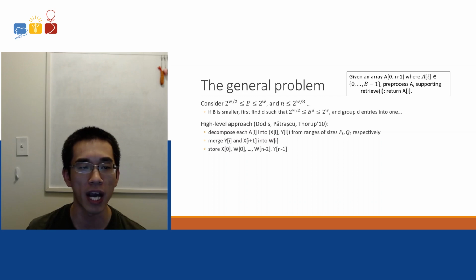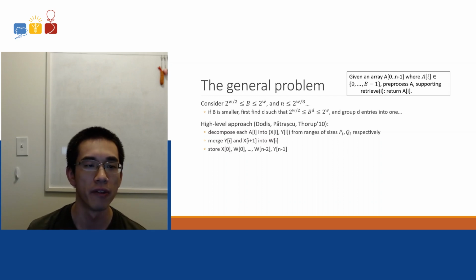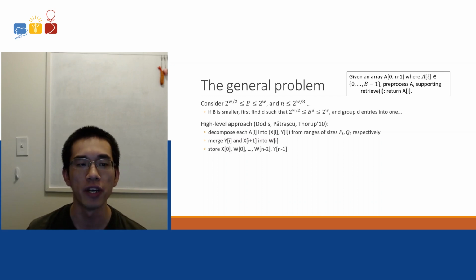We're going to merge yi and xi plus 1 into one integer wi as before. And then in the final data structure, we're just going to directly store x0, the first x that is not merged into any w, and then store the n minus 1 values of w, and then we're going to store the last y that is not merged.